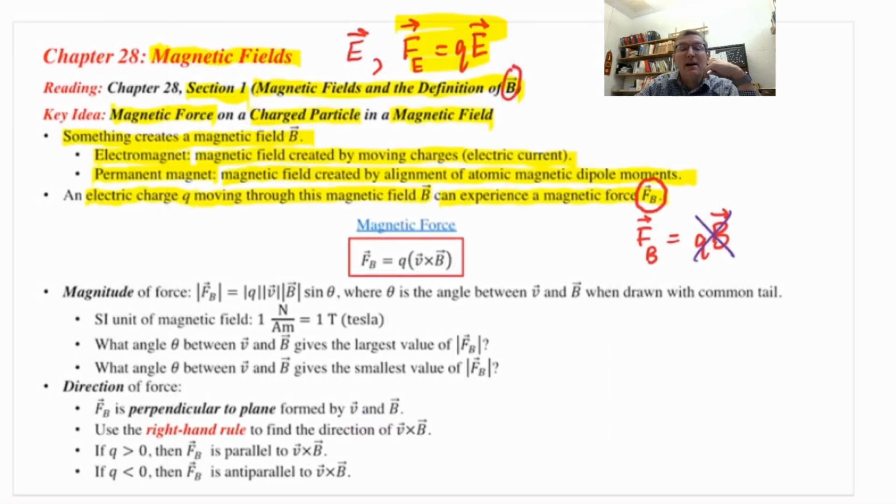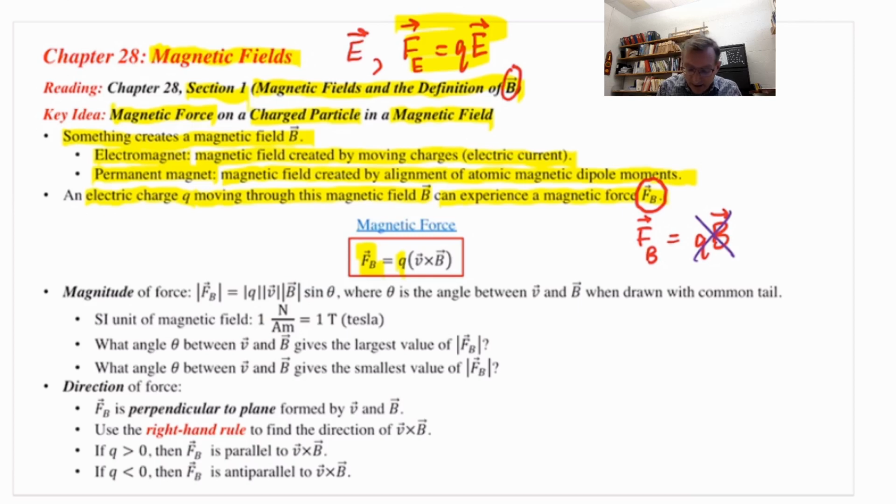I'm just now going to tell you the formula for it, and then we're going to talk about it. It's right there in the middle of the screen in the red box. The formula for calculating the magnetic force F sub B arrow on a charged particle moving in a magnetic field B arrow: you take the size of the charge Q times, and yes, that's a vector product or a cross product.